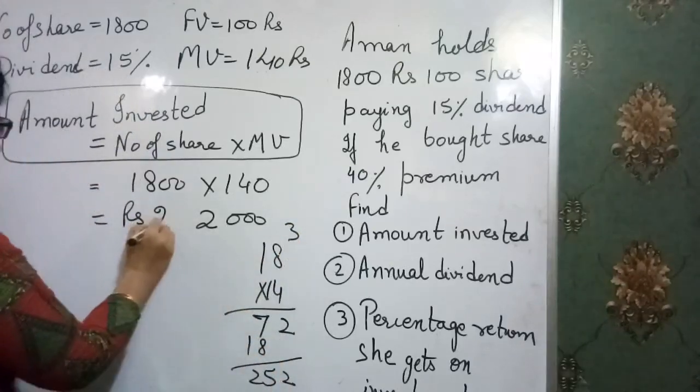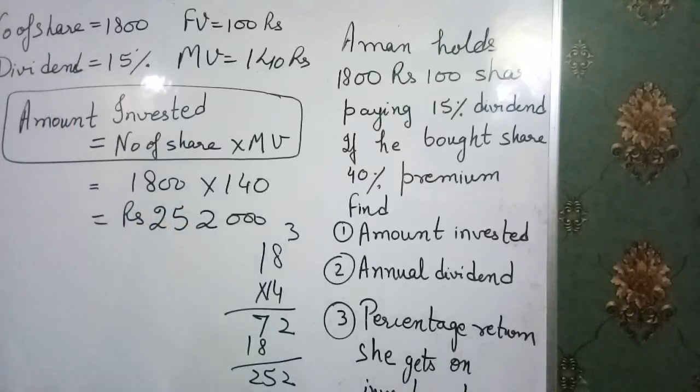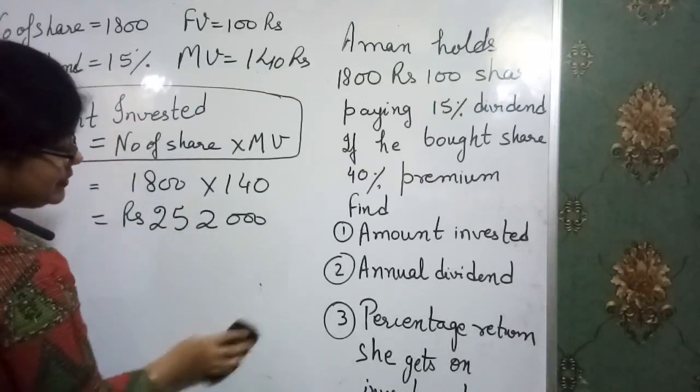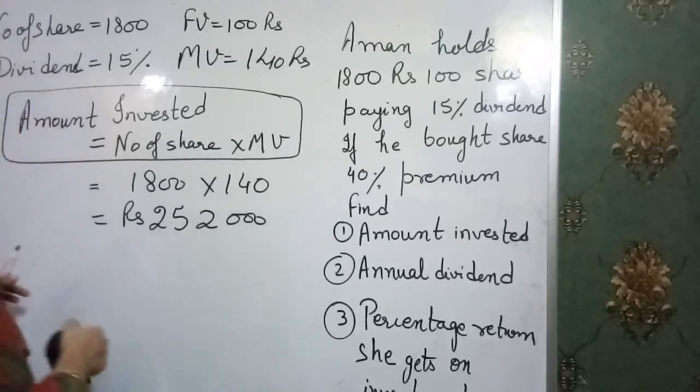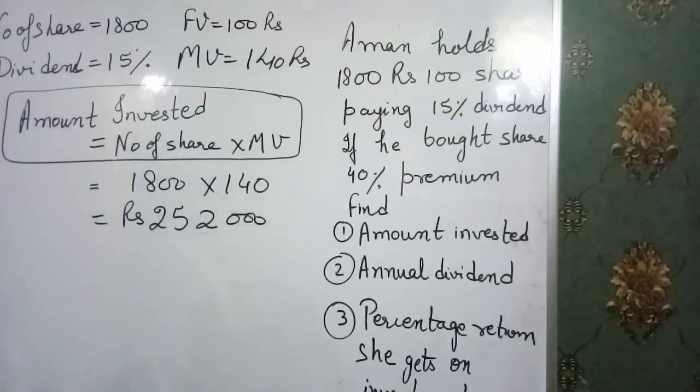That means 252. I am just using some trick here to solve this, but I am not going to take any risk. So in this way we find the amount invested by the shareholder. Clear? That means we have to multiply the market value of the share with the number of shares.